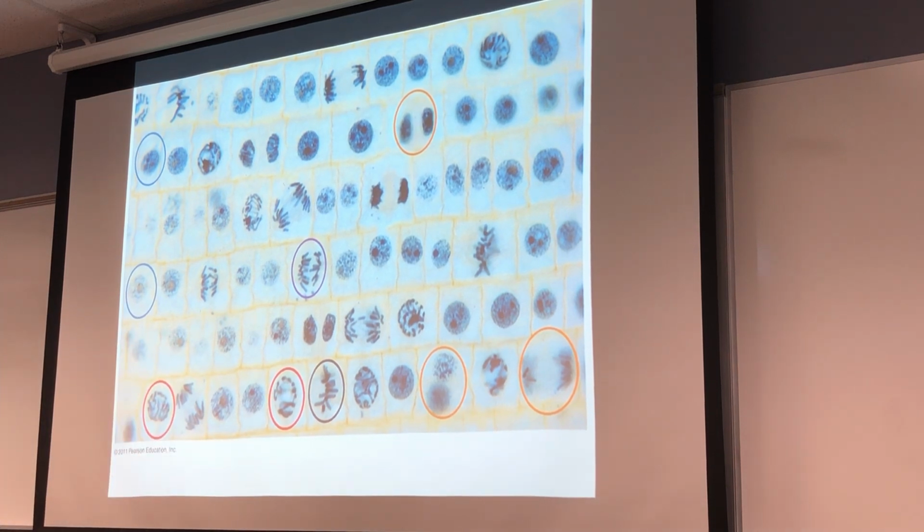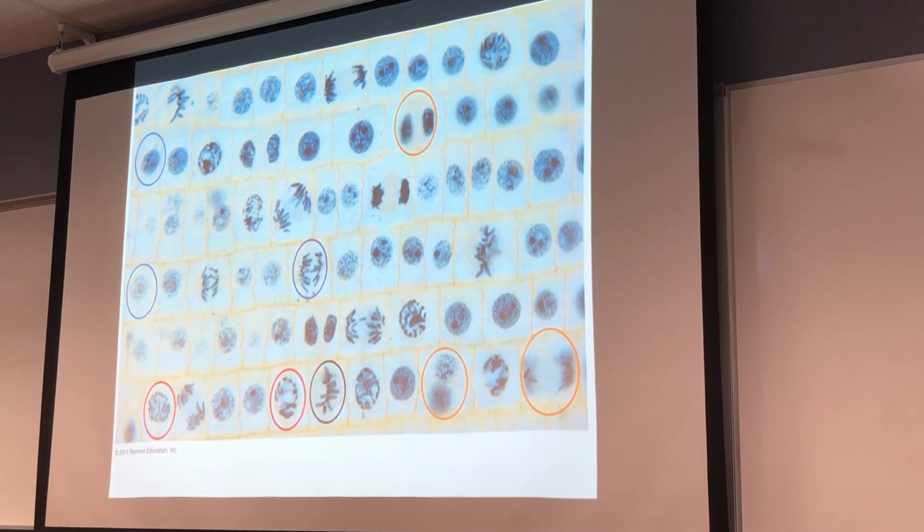For the exam, I will have some pictures like this and I will ask you to label them, to identify them. You will tell me this is prophase, this is metaphase. I will not have you deal with prometaphase. As long as you know prophase, metaphase, anaphase, telophase, you're good.